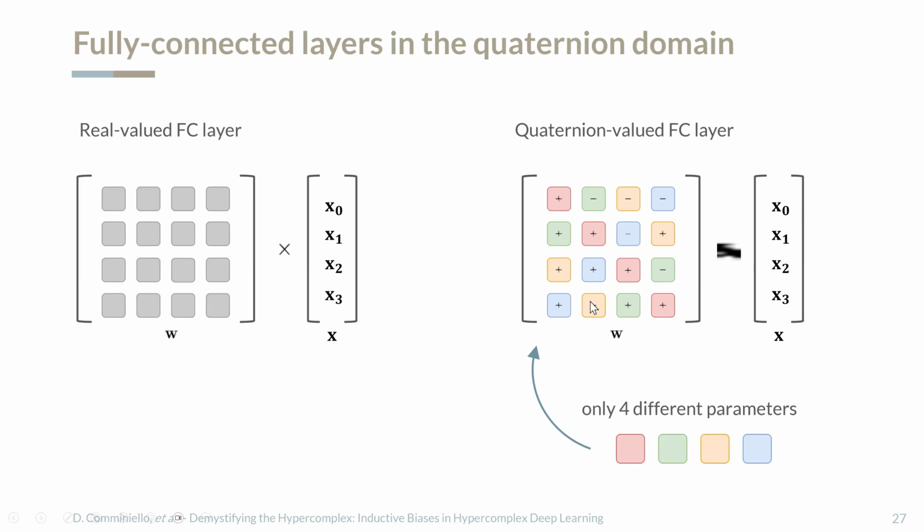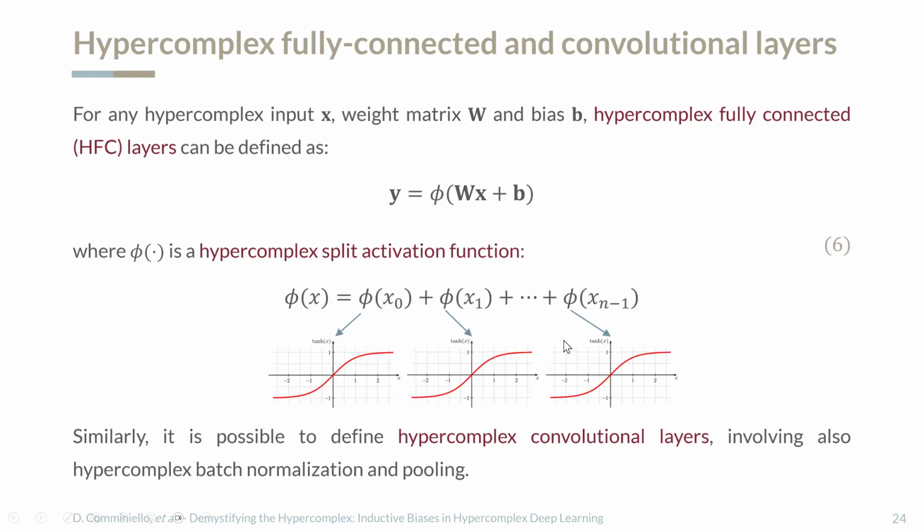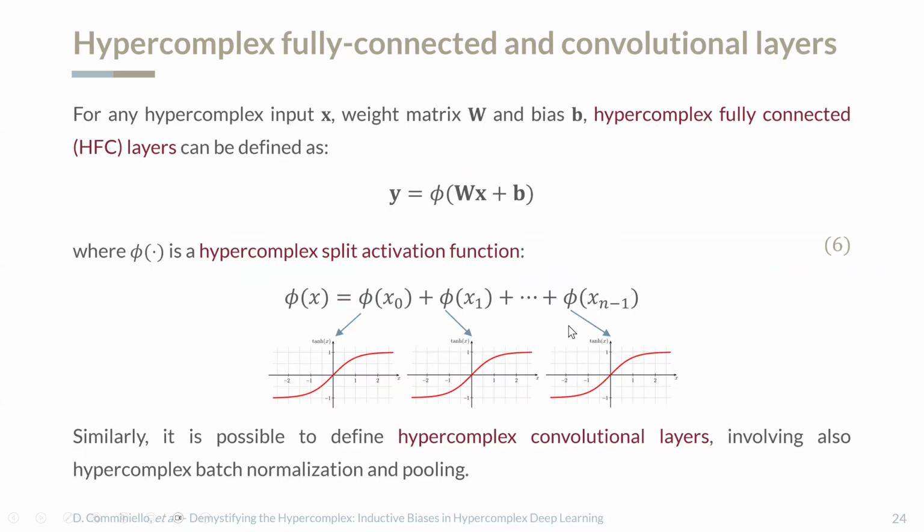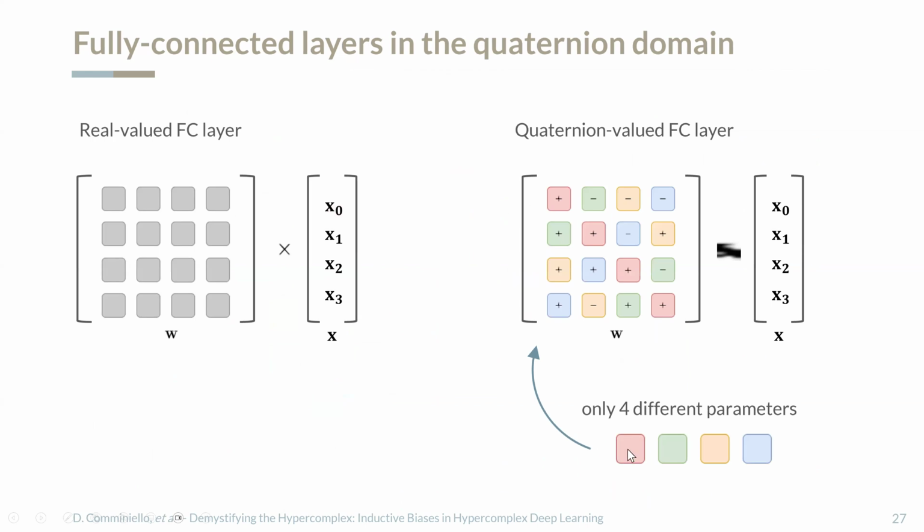And actually we can reuse the parameters in order to build the composition of the quaternion matrix as it appears in this table. Okay, so we can learn only 4 different parameters and then, based on these learned parameters, compose the quaternion-valued weight matrix.